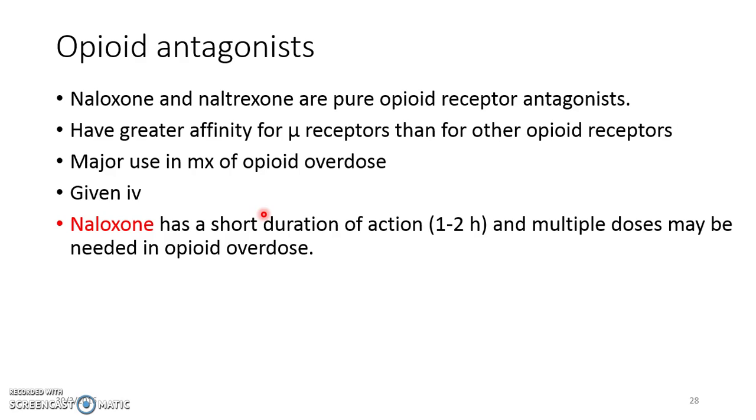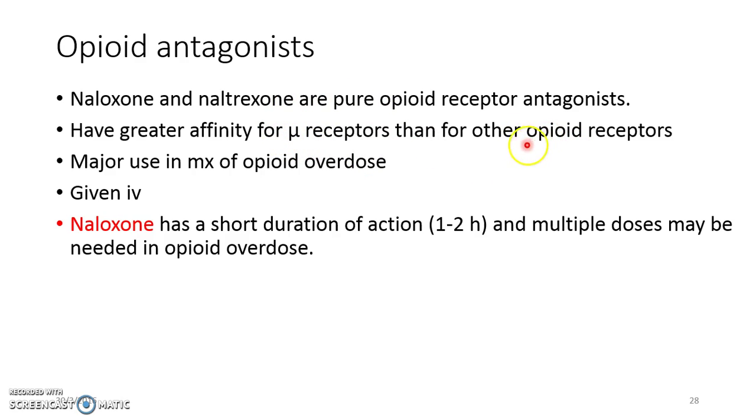So opioid antagonists, this is a potentially life-saving drug. Naloxone and naltrexone are pure opioid receptor antagonists, and they have greater affinity for the mu receptors than for other opioid receptors.